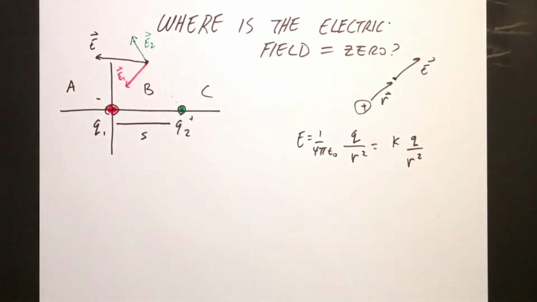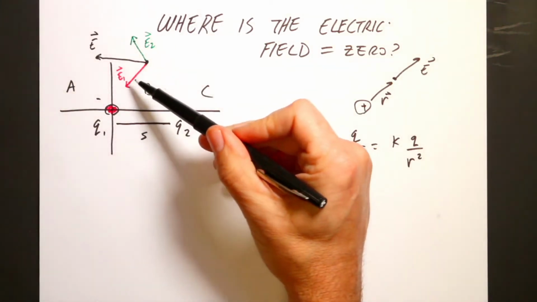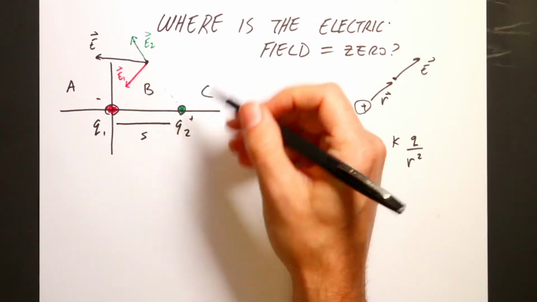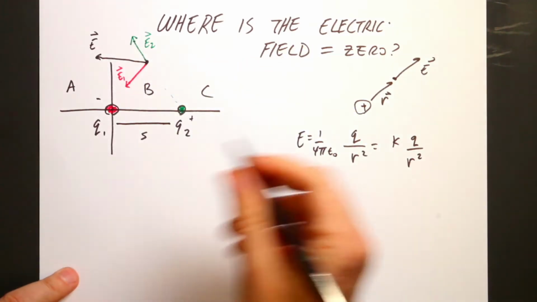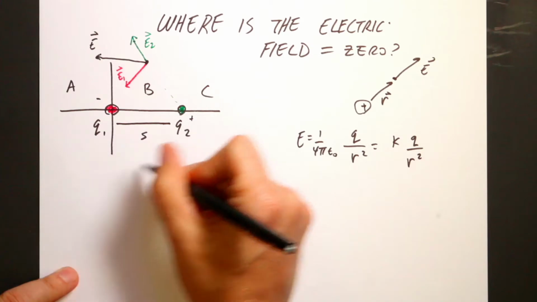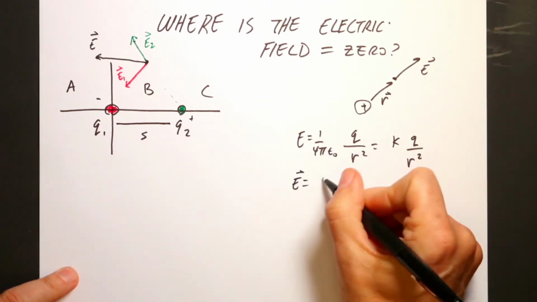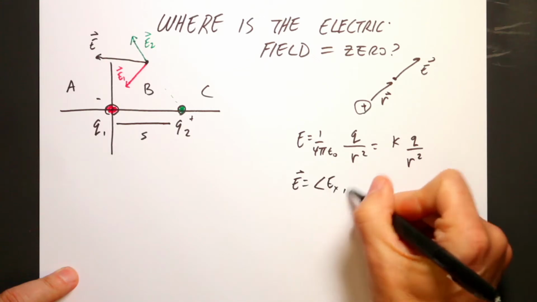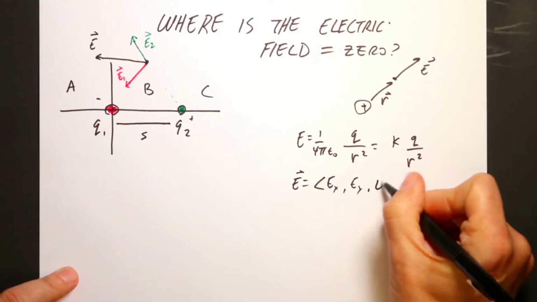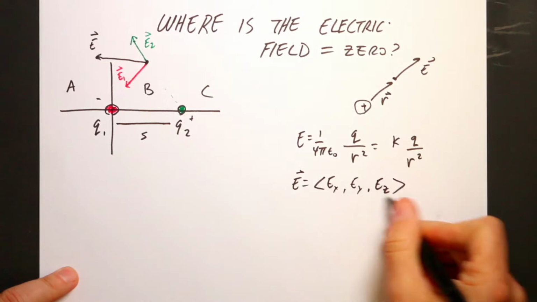Okay, so could this vector plus that vector equal 0? Now we're technically talking about a zero-magnitude vector. If I write this as a vector, you could write E equals (Ex, Ey, Ez). They have x, y, and z components.